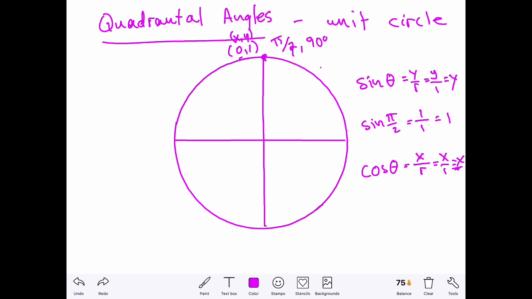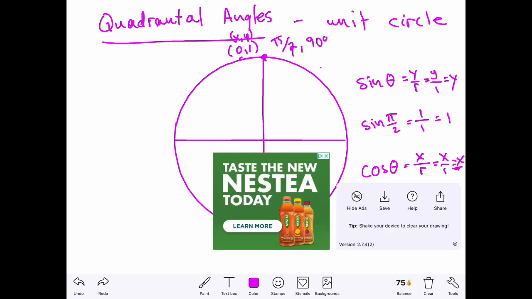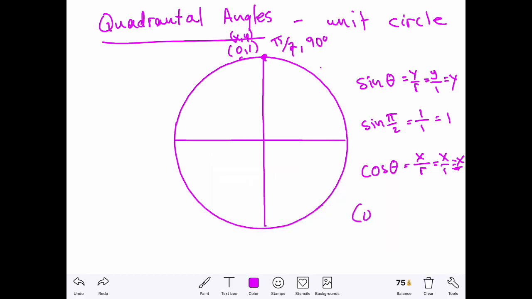Okay? So let's do the cosine of pi halves here. Well, what's my x value at pi halves? 0. What's my radius? 1. So 0 over 1 is 0. So the cosine of pi halves would be 0.